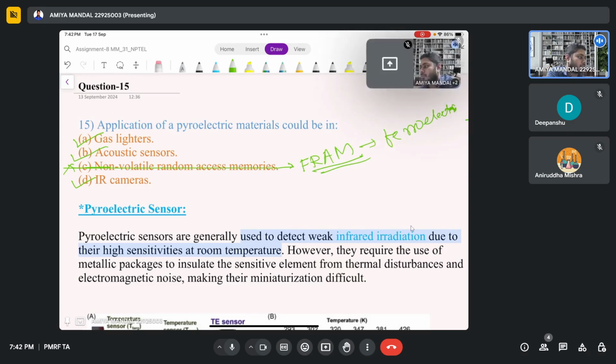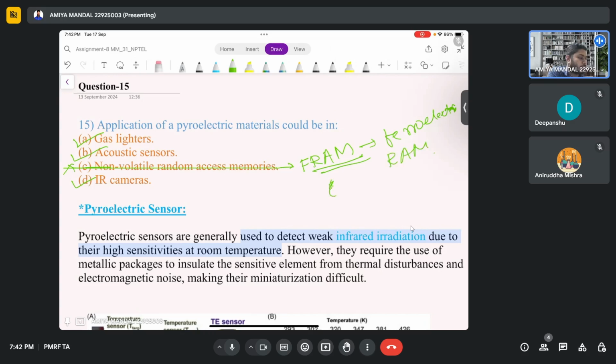Ferroelectric RAMs are there. The switching behavior is observed around plus PS and minus PS, and that's why it's non-volatile.